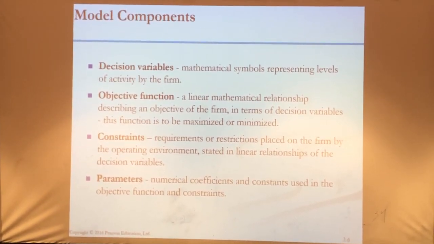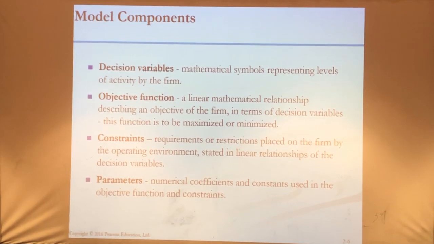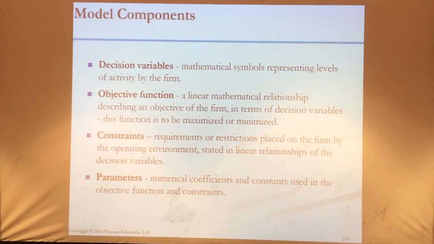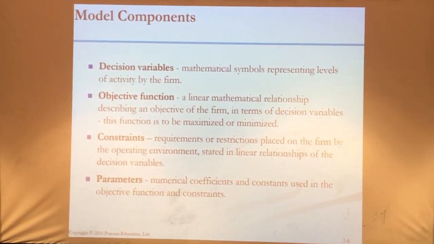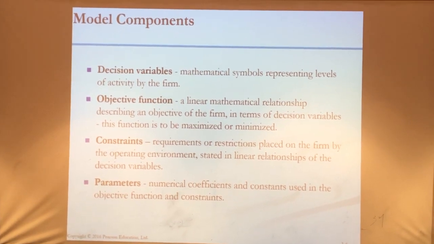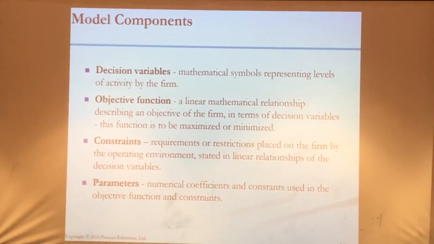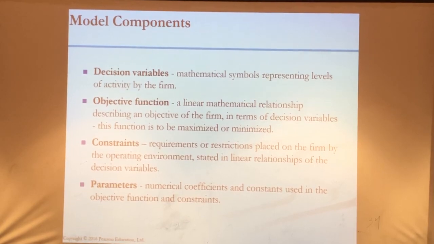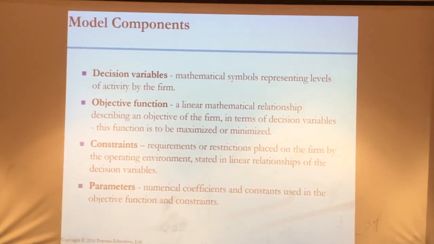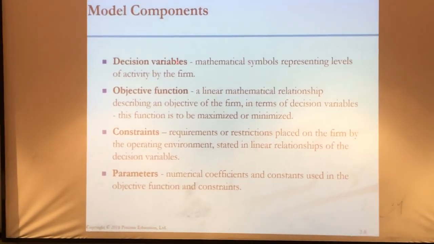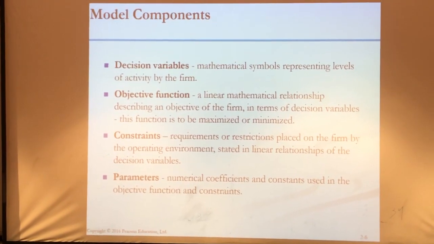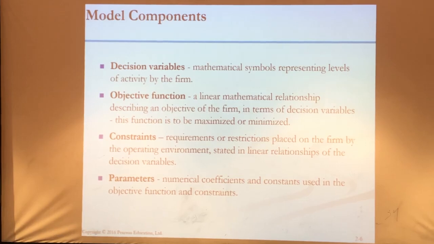The decision variable could also be how to minimize the total transportation cost, etc., or maximize the efficiency of people in such a way that we allocate or assign the people according to their efficiency. So these decision variables are the things which we have to decide.